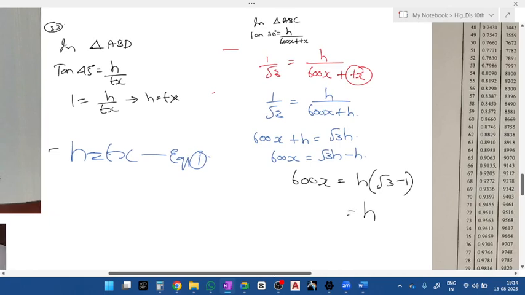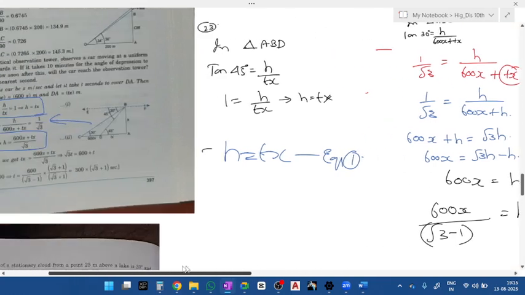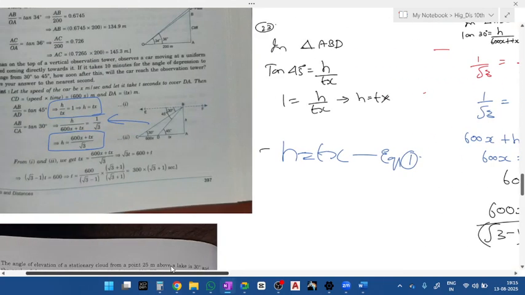So if you want to find the value of h, 600, what happens to root 3 minus 1? It gets divided, correct? Yes, it gets divided. 600.